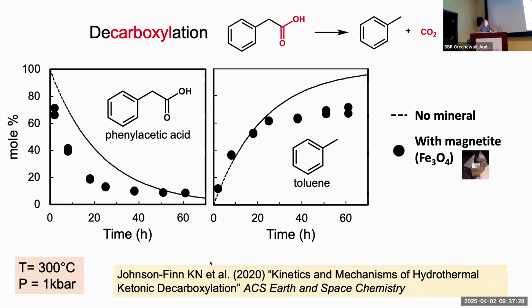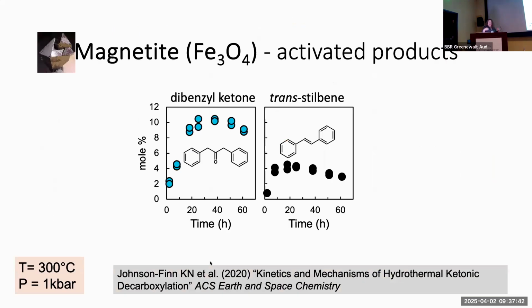You can have a 1-to-1 yield, essentially, of the decarboxylation product. When you add minerals, you end up consuming additional reactant towards additional product pathways, because you can see that you're not enhancing this initial reaction. This is because there end up being new reaction pathways available because of the availability of this mineral surface. And so you can see that we have a carbon-carbon bond forming in dibenzyl ketone, and also trans-stilbene being in a fairly large abundance.